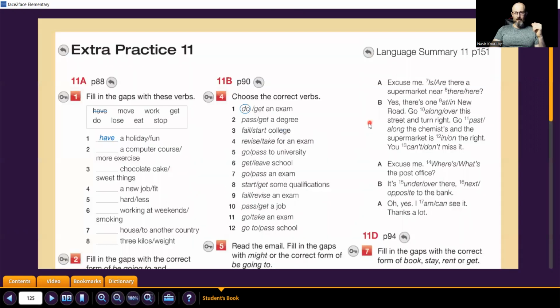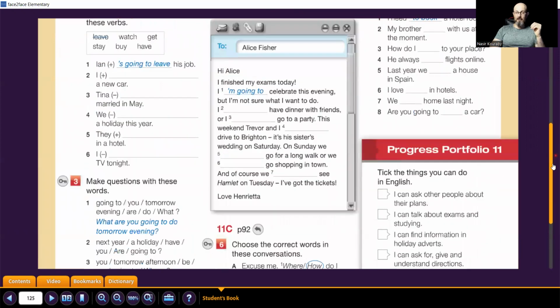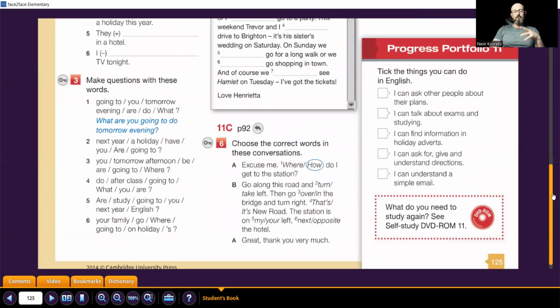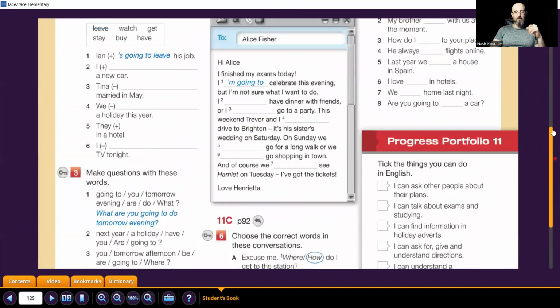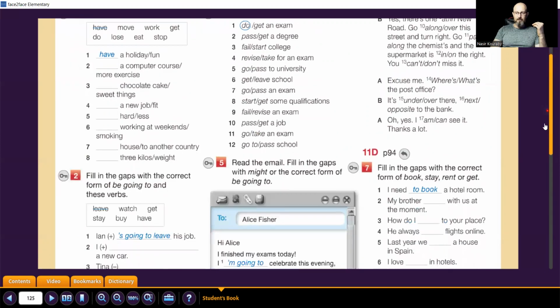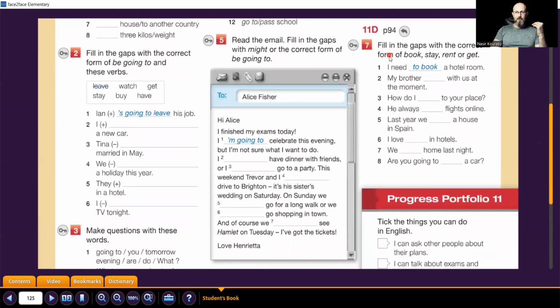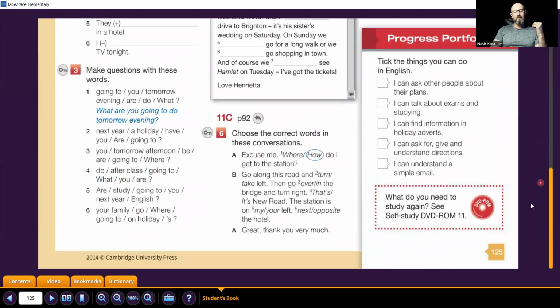So this page is all questions about unit 11. So you do the exercises. Now you can take a screenshot for these exercises. After that, you do them. And here we have 2, 6, and 7. Screenshot and do them.